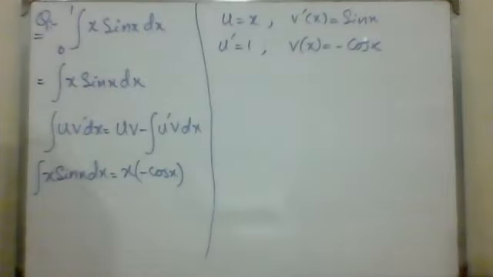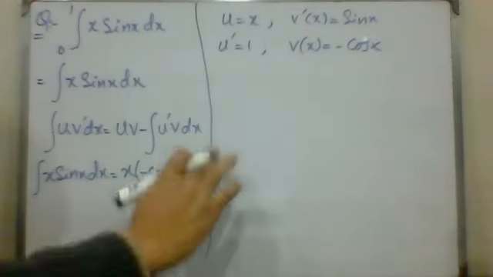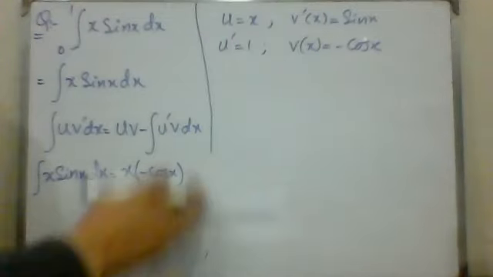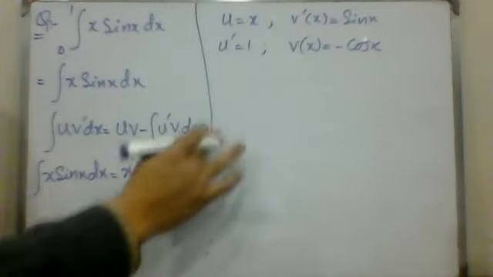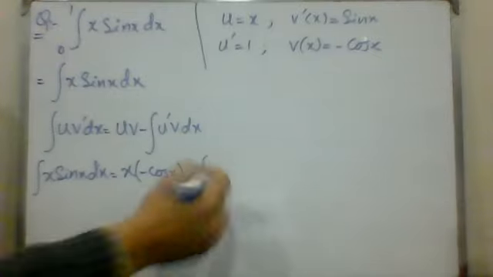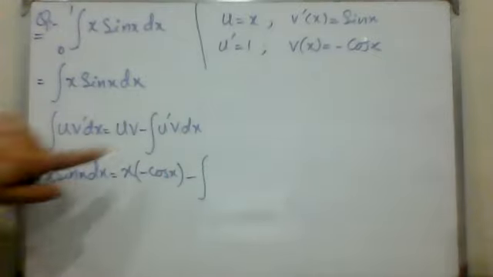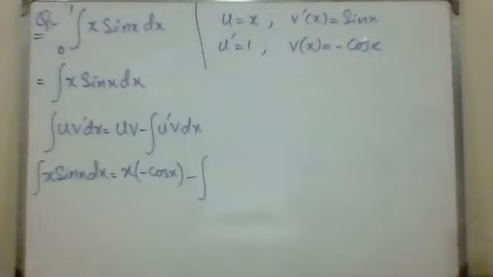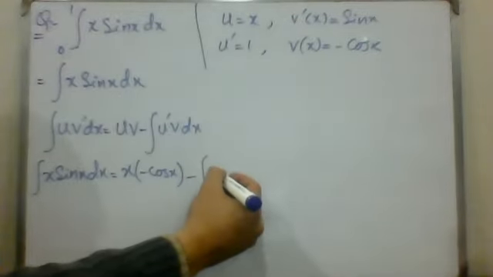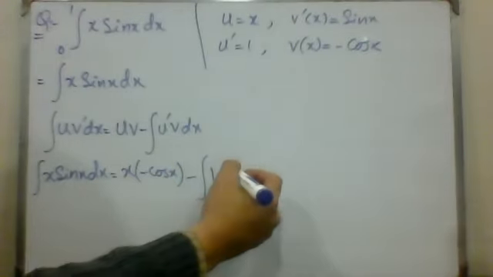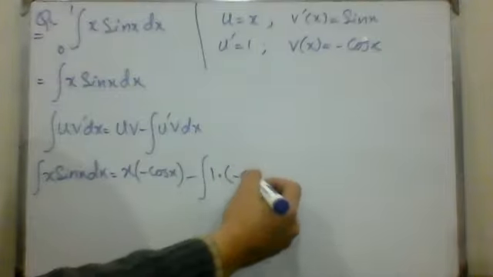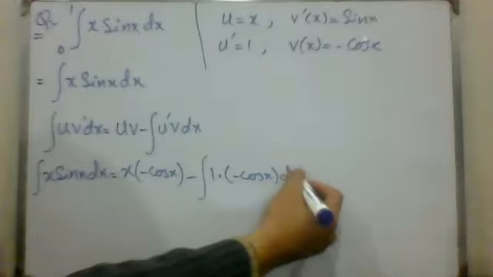Okay, so now minus sign, then integral. After the integral, u prime is 1 and v is minus cos of x, dx.